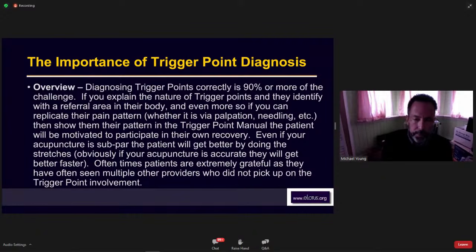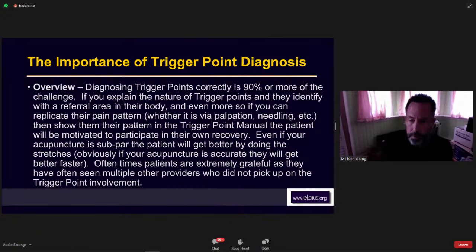Some patients have been to ten or multiple other practitioners, sometimes even PTs, although PTs are using the trigger point books more lately. Sometimes people don't use them, and if you don't use them, obviously you aren't going to know they exist. So patients appreciate it when you take an interest in what's going on with them and show them that they're not the only one.